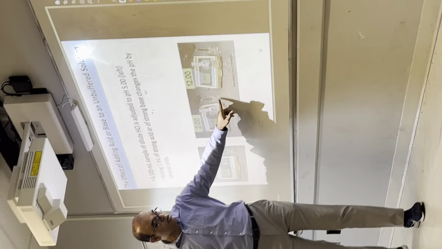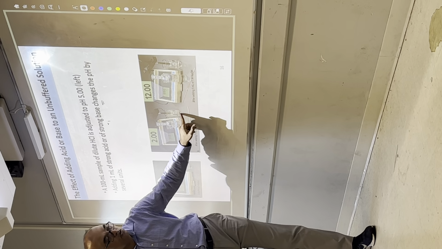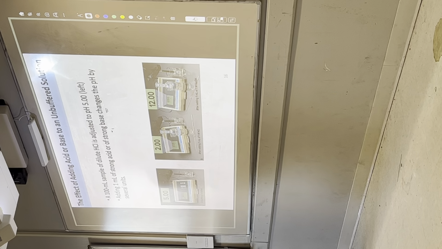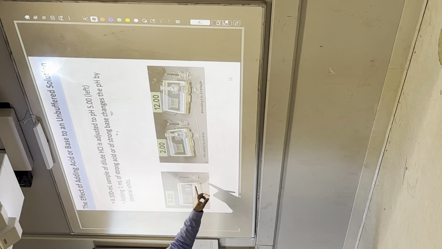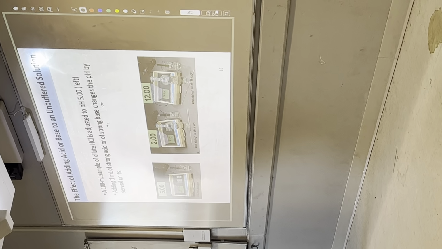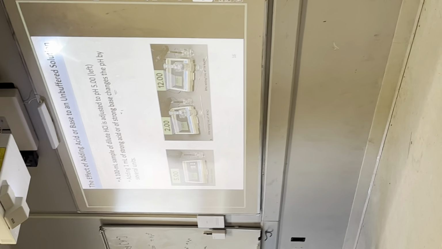We added some from here to this solution. This is the new solution. Now you measure the pH. It is 2, because it is a strong acid. So pH decreased from 5 to 2, about 3 pH units.